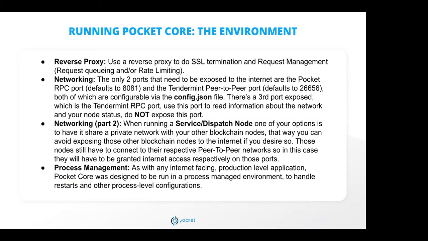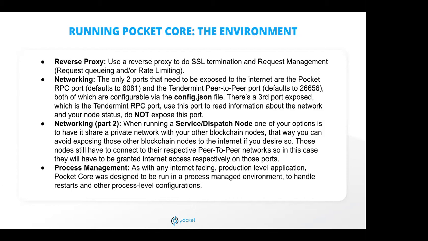So those of you who have participated in testnet will know that we also have a third port, which is 26657. That port is the Tendermint RPC port, and for testnet, we deemed it more useful than insecure, and we let people run it open.